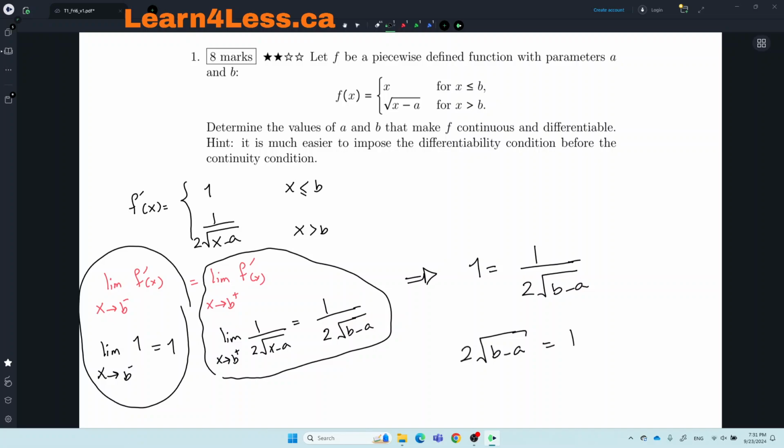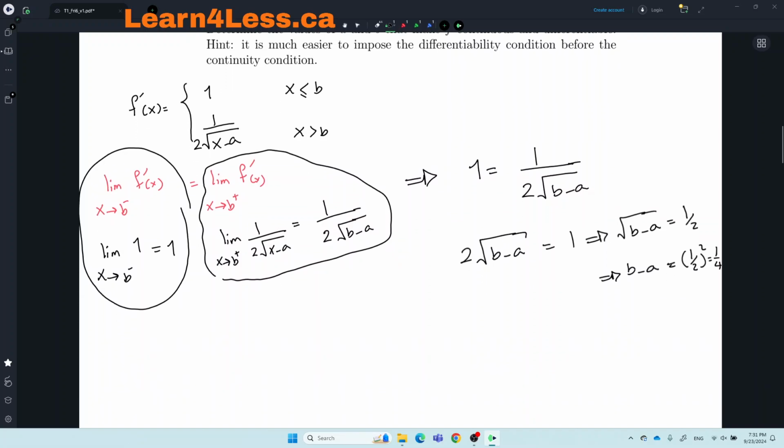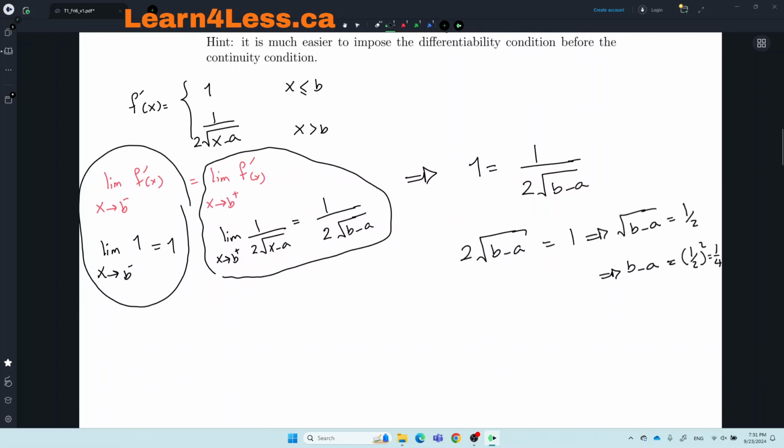Or we can divide both sides by 2, so root b minus a equals 1 over 2. Squaring both sides, b minus a should be 1 over 2 squared, which is 1 over 4. This is the first thing that we know: b minus a should be 1 over 4. Let me just write it in a different way.